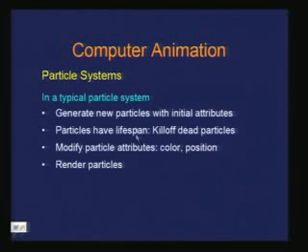In terms of computation, you may still have the allocation for that particle in the memory, but you don't display it. Right? So you kill off these dead particles, you don't show them or remove them, and then the evolution requires you to have a modification of the attributes of the particle in terms of position, in terms of color and other attributes. Okay, and then there is a process of rendering these particles which stay in the system.